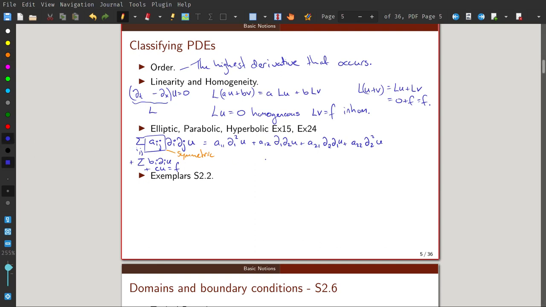So a symmetric real matrix has real eigenvalues. So we have this classification according to the eigenvalues of A. So all the eigenvalues having the same sign, that is called elliptic.